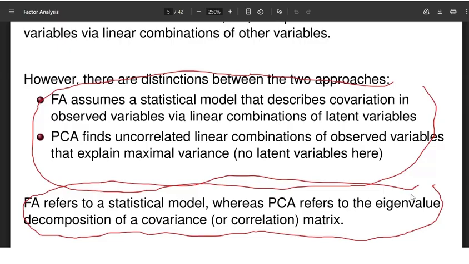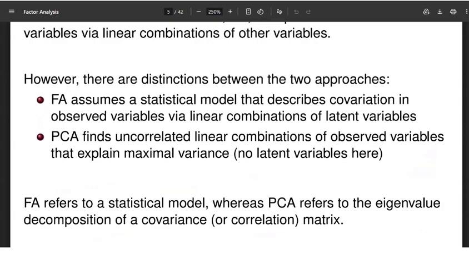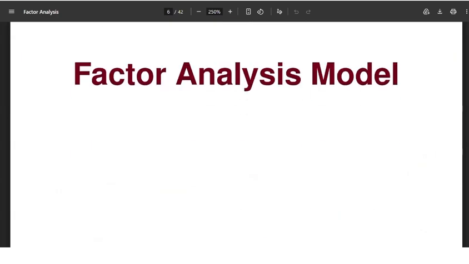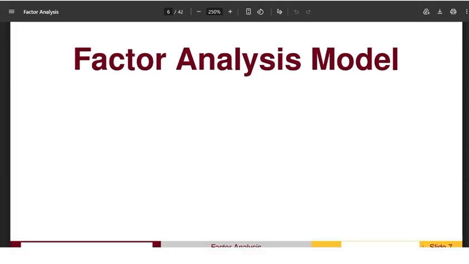Now, I want to go into the factor analysis model, because we are focusing on relationship. A statistical model will be involved, and moving forward, we need to specify the factor analysis model, and I need you to pay attention.